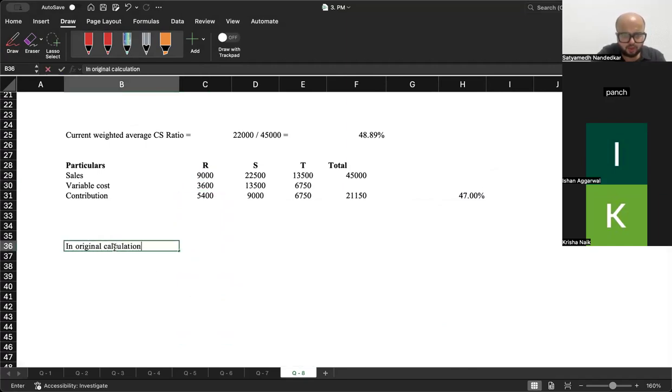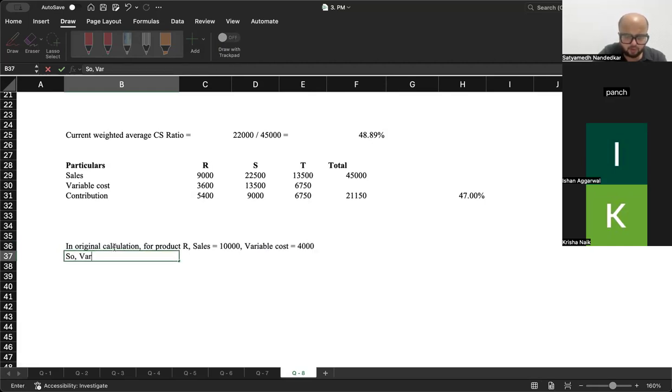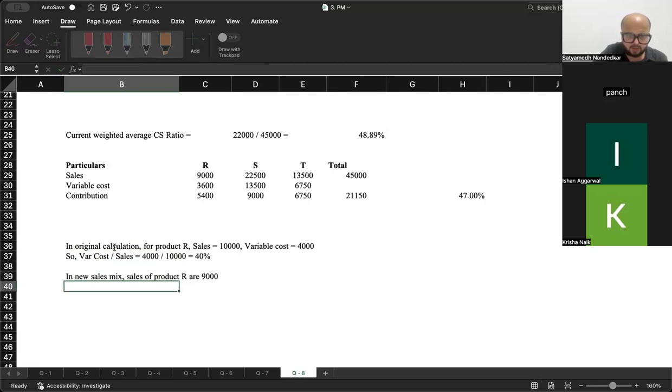In the original calculation for product R, sales is 10,000, variable cost is 4,000. So variable cost upon sales is 4,000 upon 10,000, that is 40%. Now in the new sales mix, sales of the product are 9,000.